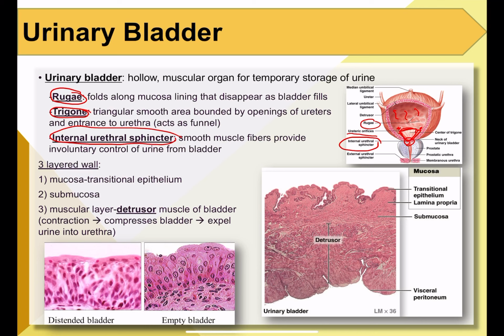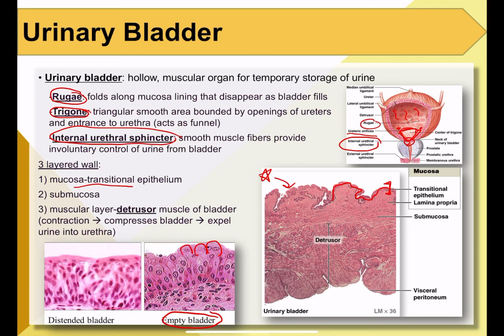Within the bladder, there are the same three layers we talked about in the digestive system. We have the mucosa layer, which is transitional epithelium, as we learned from 2401. This right here is the mucosa layer, all this area along the bladder. This is a zoom out view of the bladder. If we zoom in on the mucosa layer, you have transitional epithelium, because when it is an empty bladder, the cells look a little bit more plumpy.